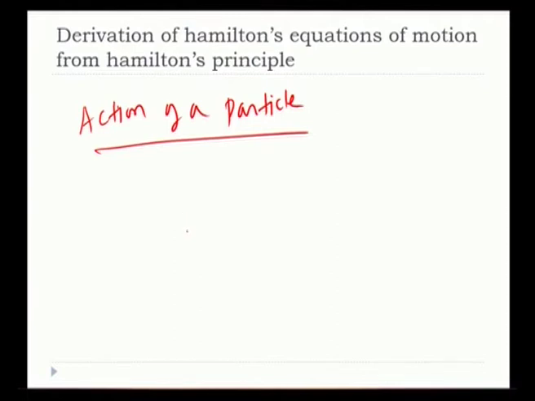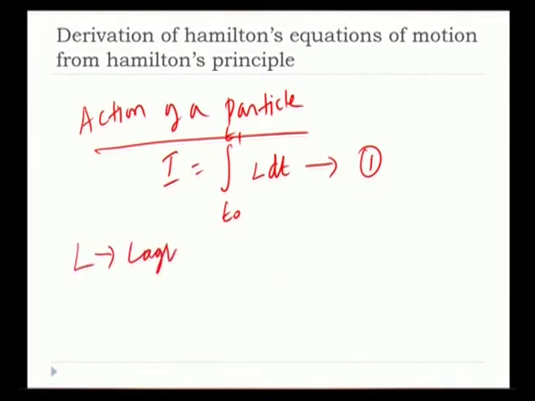In mathematics, action of a particle is given by the equation I is equal to integration between t0 to t1 L dt. This is the definition of action of the particle. Keep this as equation 1. Here L is the Lagrangian of the system.